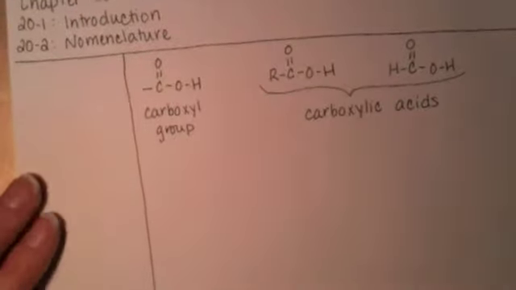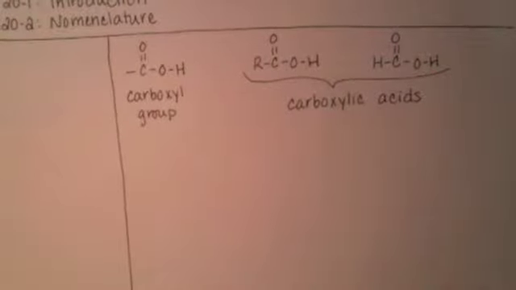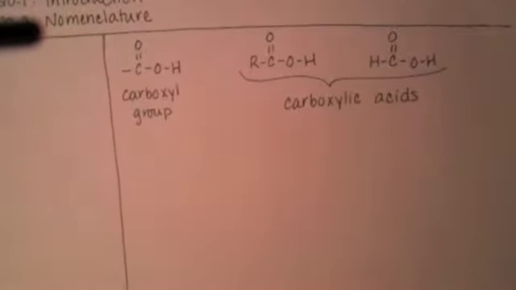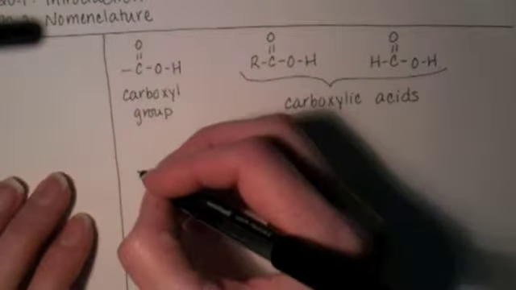All carboxylic acids are weak acids. You learned in Gen Chem that there are only 6 strong acids, and none of them are carboxylic acids.